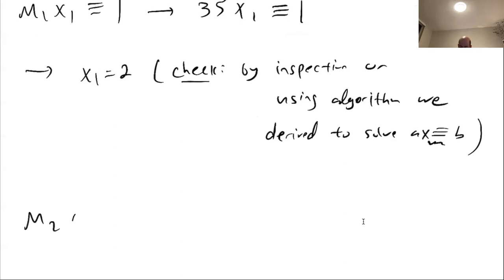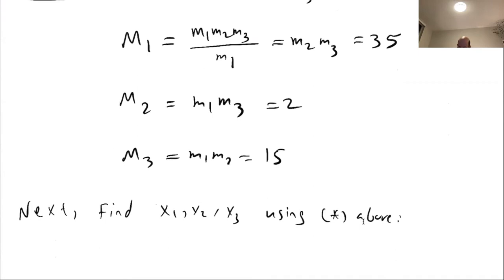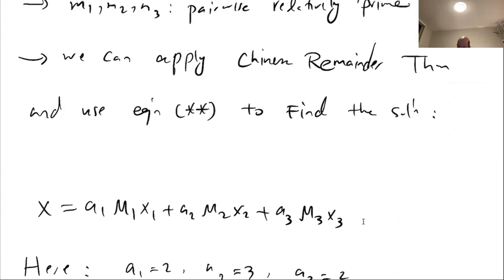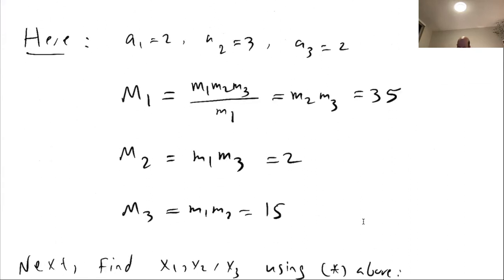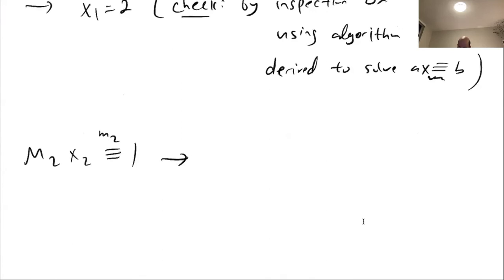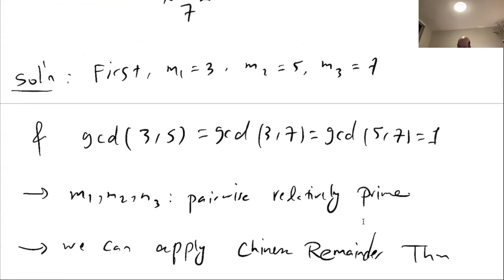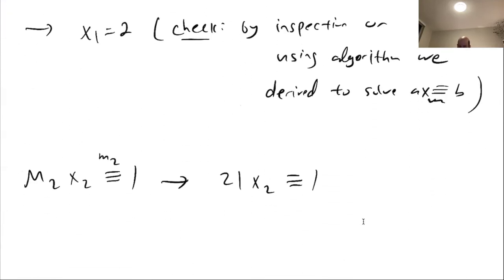Now M2 X2 equals 1 mod small m2. So how much was M2? M2 was 21. X2 was 1 mod small m2. Small m2 is 5.